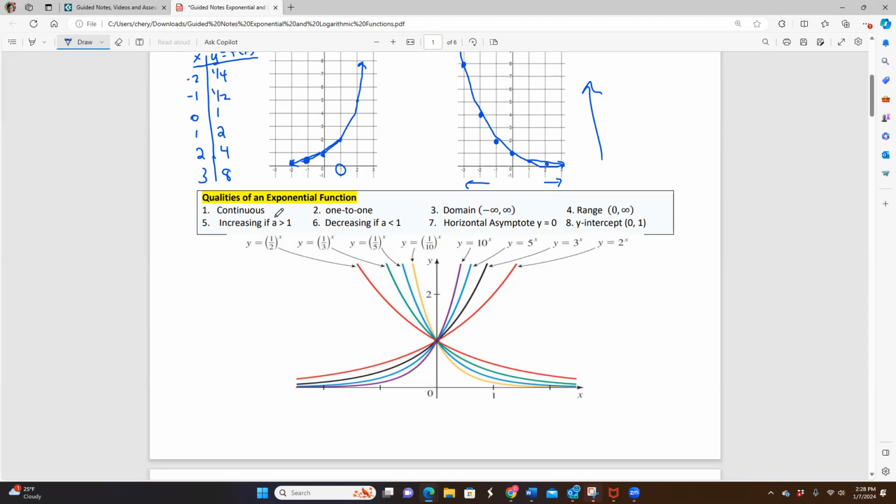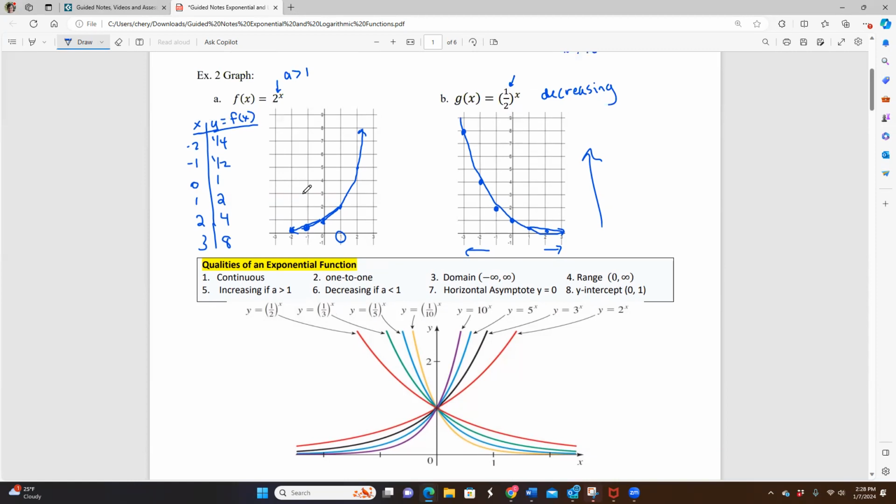If a is greater than 1, as we saw in our first example, 2 to the x, you have an increasing function. If a is less than 1, you have a decreasing function. And this should actually say between 0 and 1, because you can never have a negative base. The horizontal asymptote is the x-axis, y equals 0, and the y-intercept on these functions is 1.